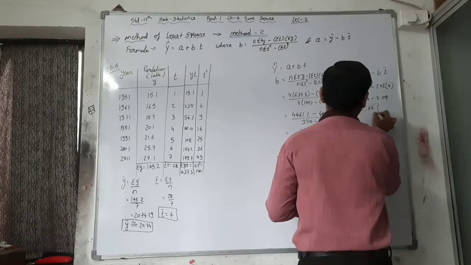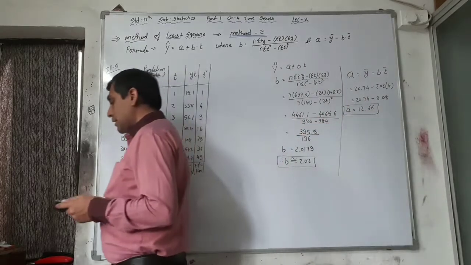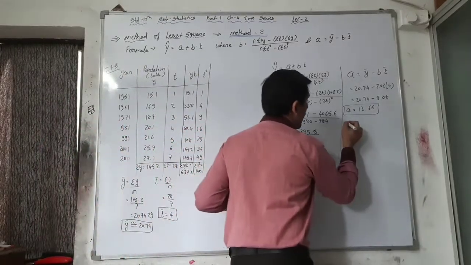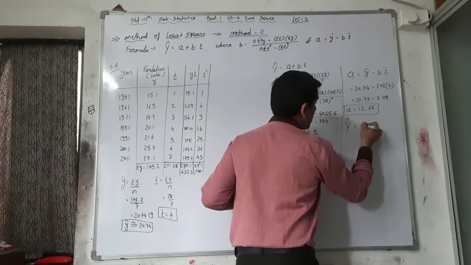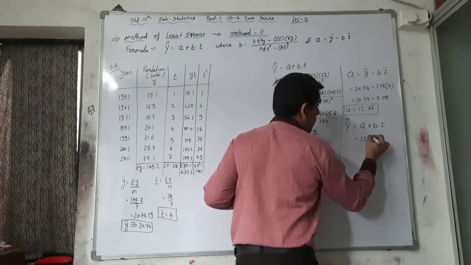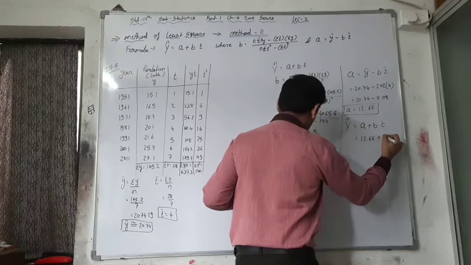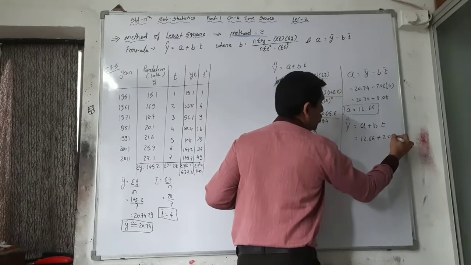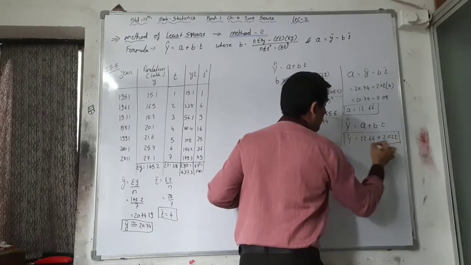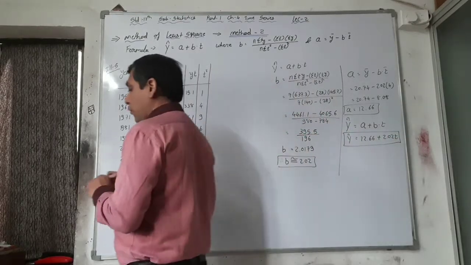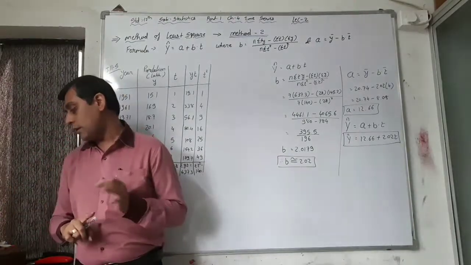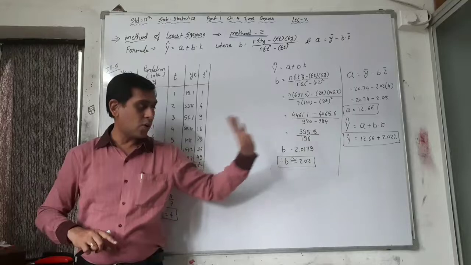That is our A. Two values, that is A and B, we will find out. Now put both values in the equation, that is A plus BT. Here A is equal to 12.66 plus B is equal to 2.02 T. Here the equation, the answer of your first question, fit the linear equation for the data. Here it is the equation.